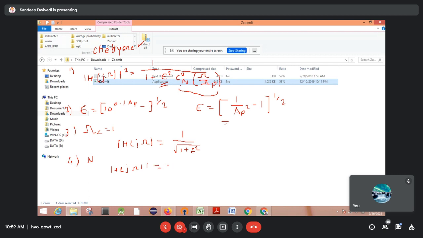If it is in dB, this will be minus 20 log base 10 of epsilon, minus 6 (N minus 1), where capital N is the order, minus 20 log of omega s.